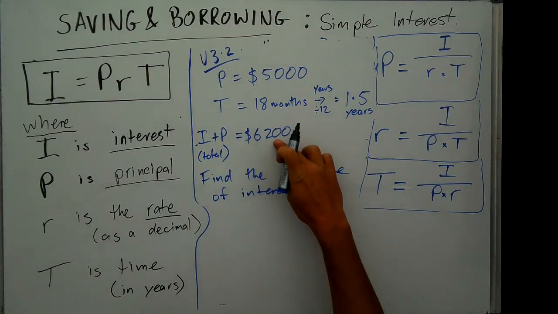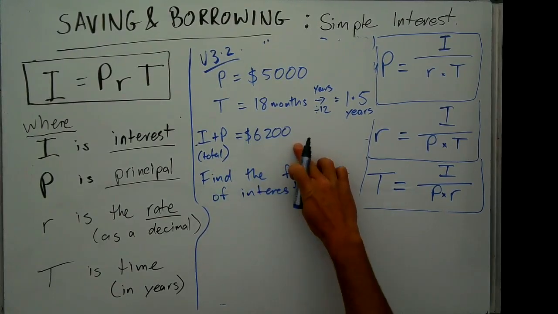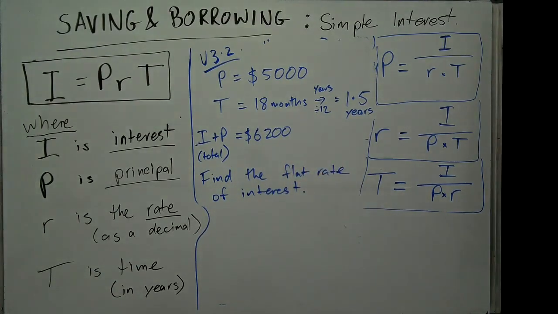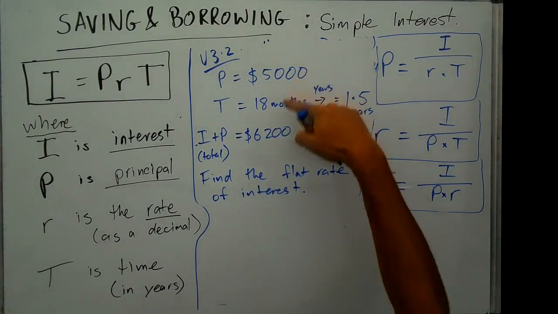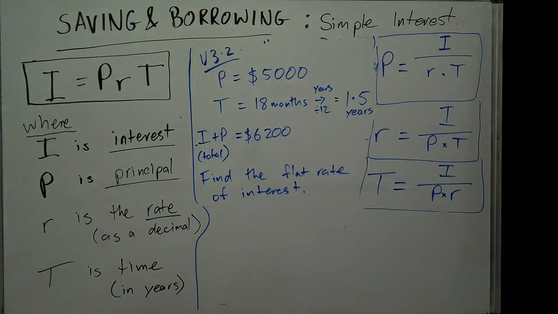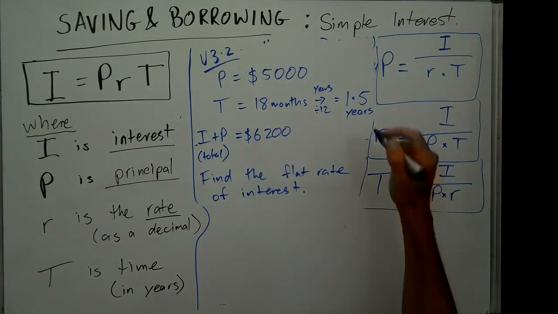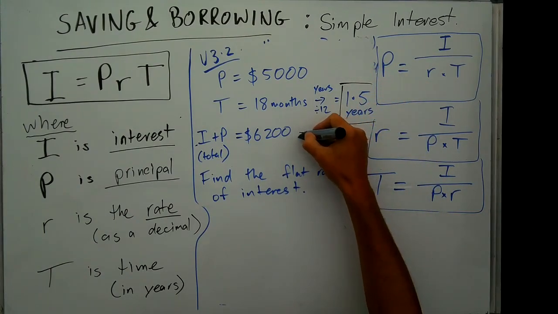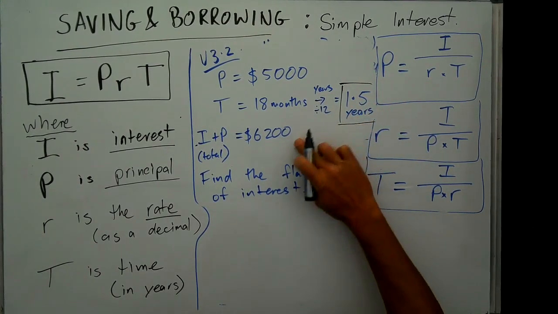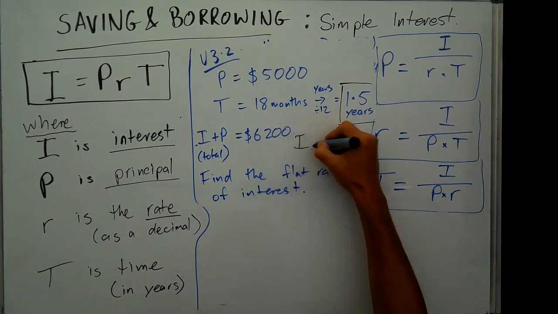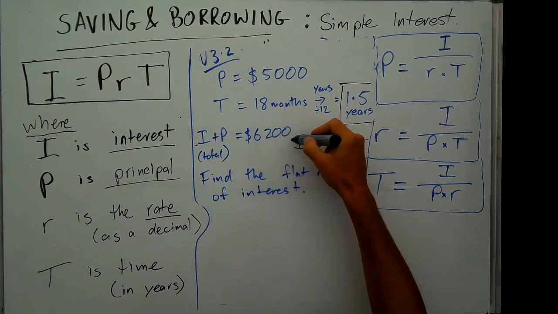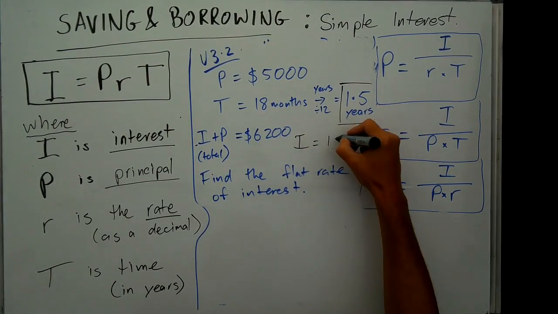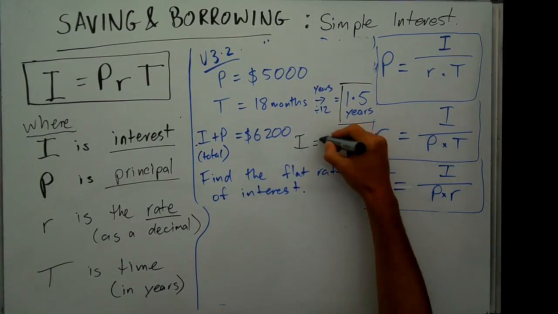The interest plus the principal is 6,200, but we only want to know the interest, so we need to take this and that. Interest equals 6,200 take away 5,000, 2,200.